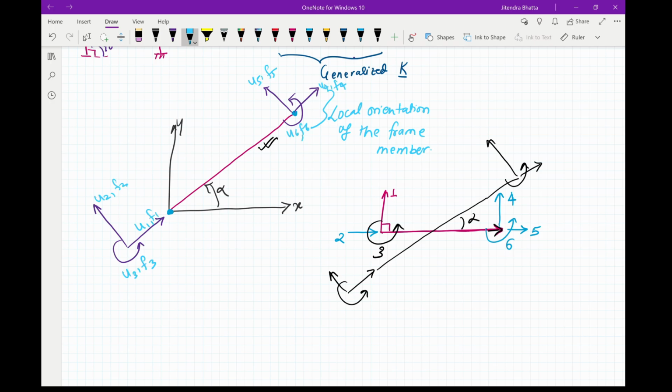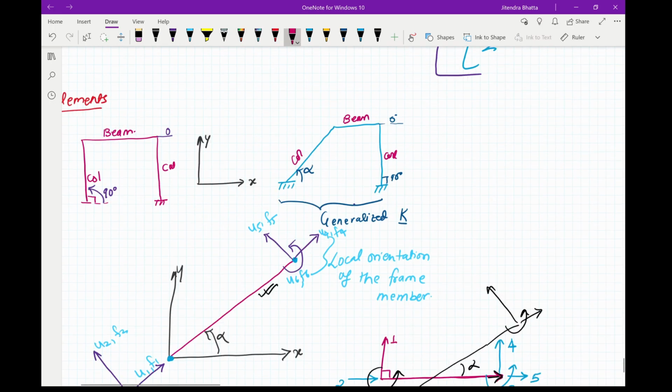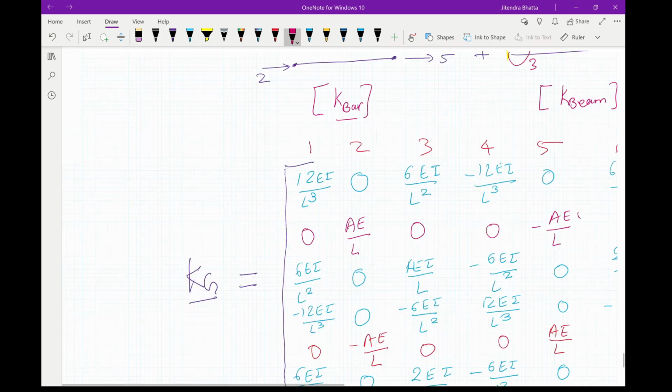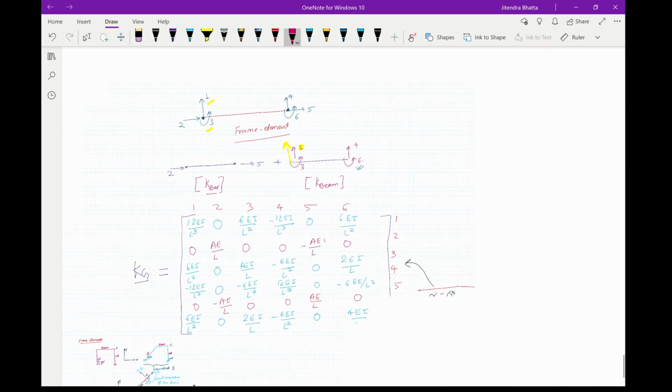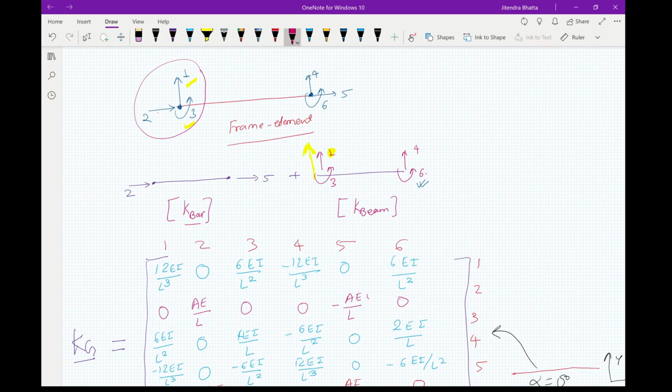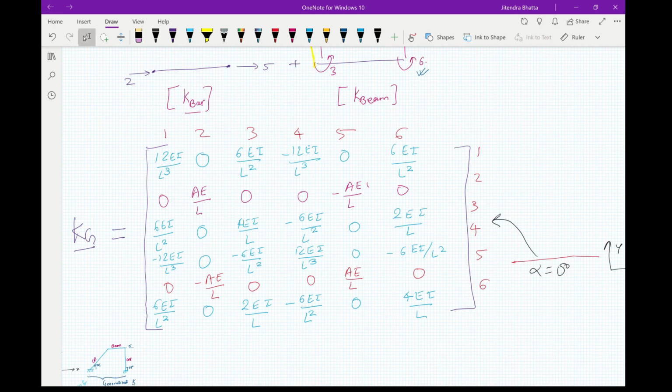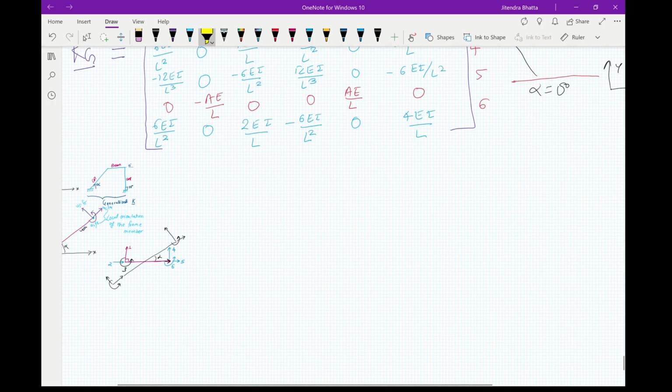Now you'll see here that I have labeled these degrees of freedom differently than what I did here. I have labeled this one as 1, this one as 2, and this one as 3. This one will be 4, this one will be 5, this one will be 6. So the columns and rows of this matrix here will shift according to the degrees of freedom.